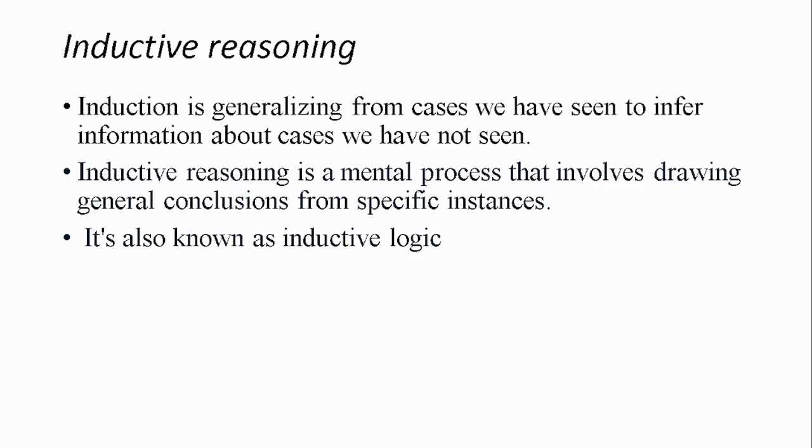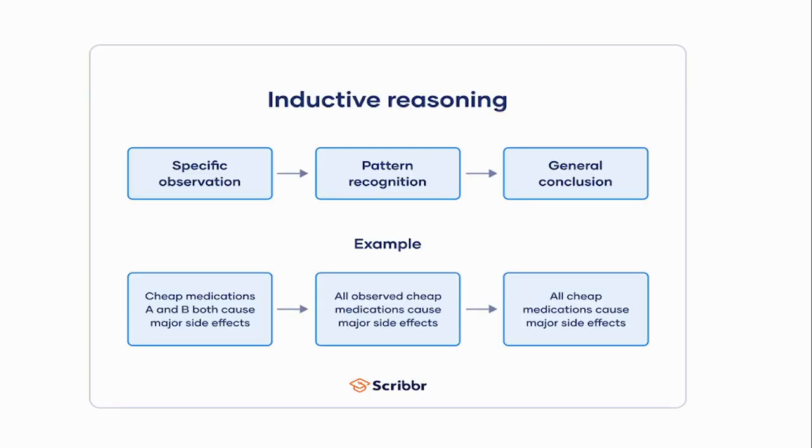Next, inductive reasoning. Inductive reasoning is generalizing from the cases we have seen to infer information about the cases we have not seen. Usually, inductive reasoning is a mental process that involves drawing a general conclusion from specific instances. This is also known as inductive logic.